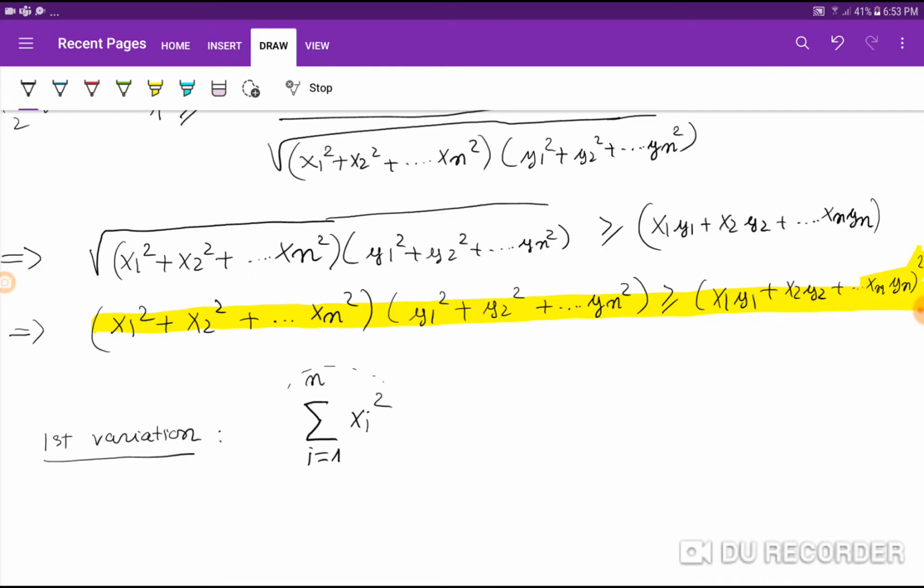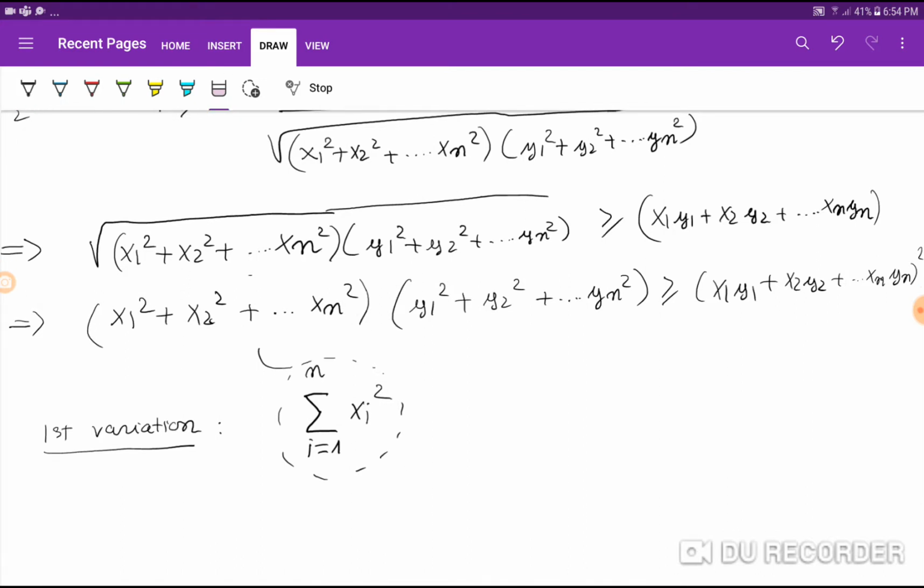This term right here is explained in the summation notation. And then later on they will move on to more crazy stuff, trust me.